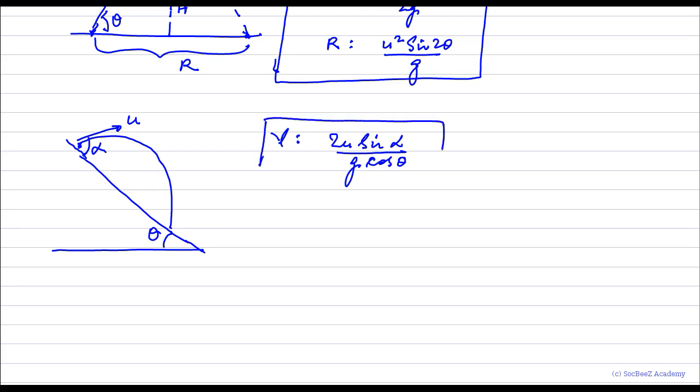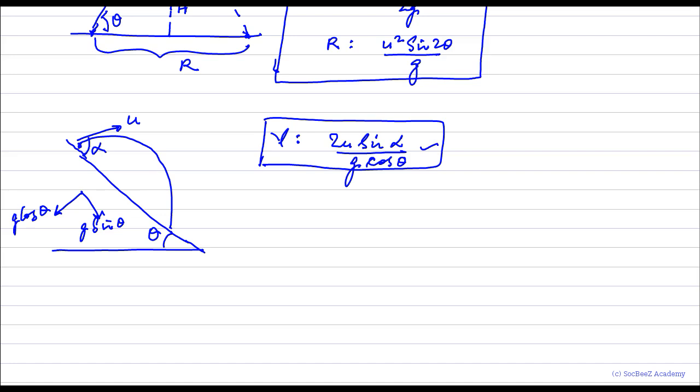This can easily be derived from the concept that I can divide the acceleration due to gravity into two components, g cos theta and g sine theta, and the initial velocity vectors into two components, and then I'll apply the equations of motion in order to get the time of flight.